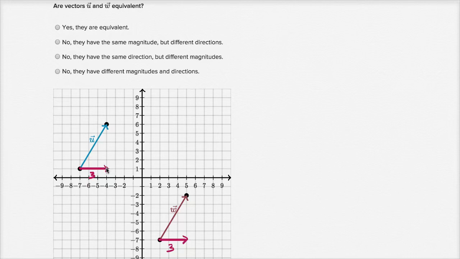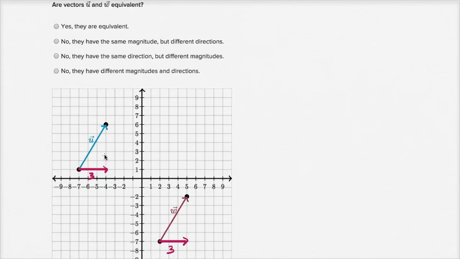Well, we're going on this vector from y equals 1 to y equals 6. So the magnitude of the y component is 5, or our change in y is a positive 5. And then the change in y over here also is a positive 5. We go from negative 7 to negative 2. It's also a positive 5.